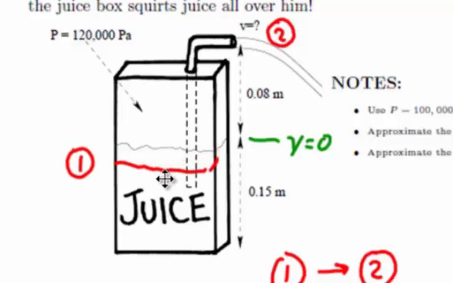As a result of this, the gravitational potential energy term will become larger, but more importantly, the volume of the gas that has pressurized the juice box and is causing the flow increases, causing the gas pressure to decrease, and these two factors combine to the point that eventually the juice stops flowing long before the juice has been expended from the box.